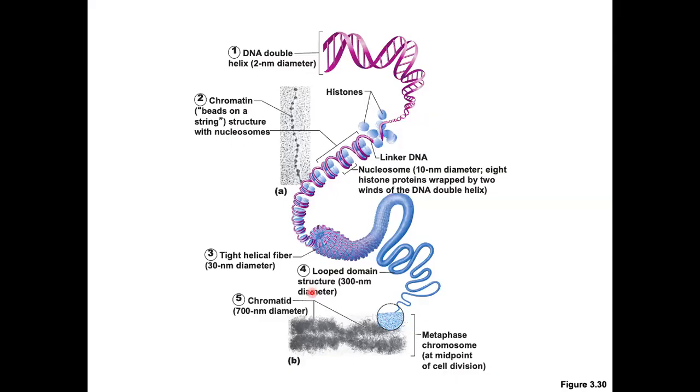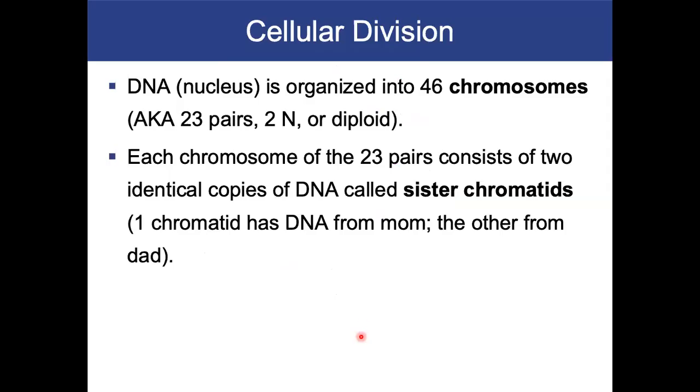When the cell gets ready to divide, that's a different story. The chromosomes are supercoiled, and so you can see the nucleus because the chromosomes are supercoiled. When you pass light through, these supercoiled chromosomes absorb the light, and so you see a dark shade.